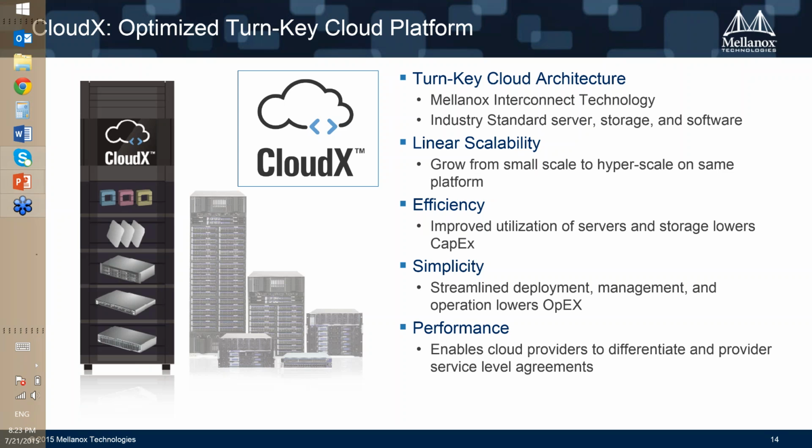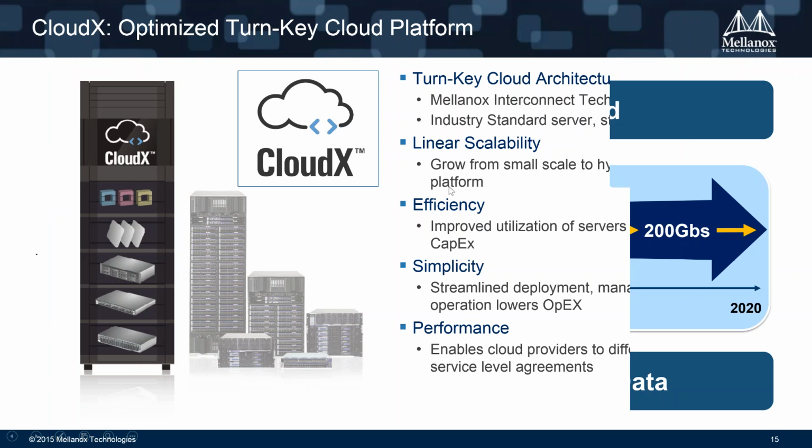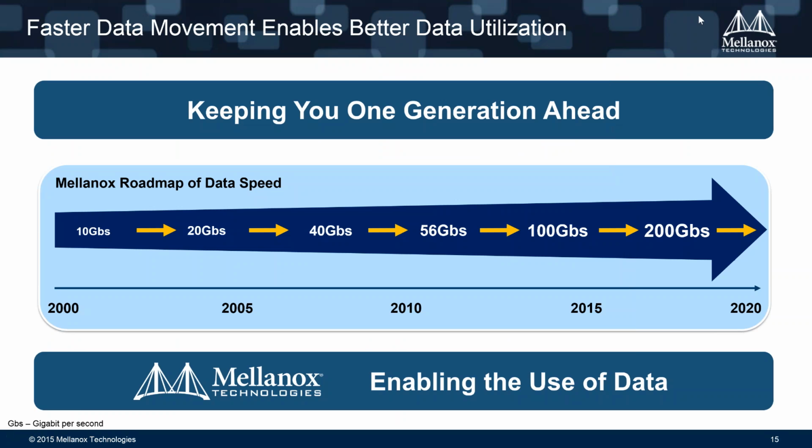So again, moving to the last slide that I have, we have today our overall solution starting from 10. Today we are at 100 gig per second. Hopefully soon we are going even to double it to 200.